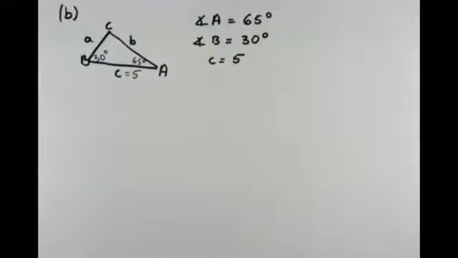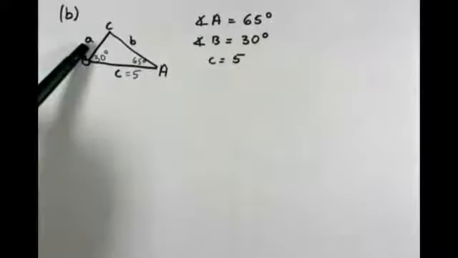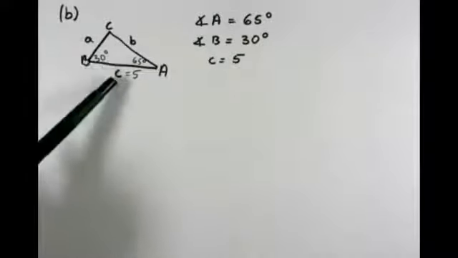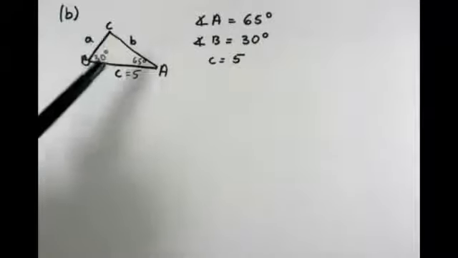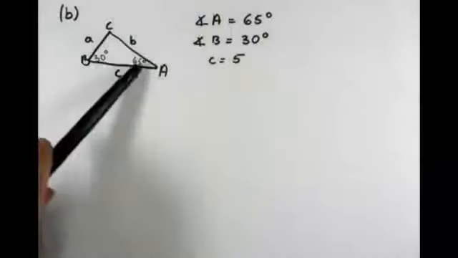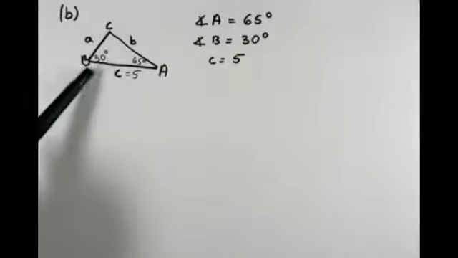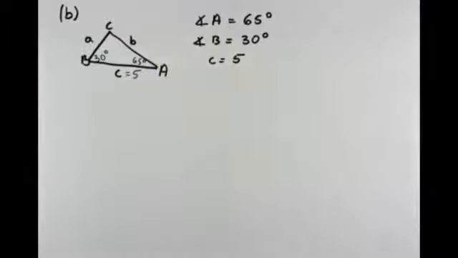In order to use the sine law, we need to have the angle, because otherwise we would have too many unknowns. We cannot use sine A over A with sine B over B, because we don't know A and B. We can only have one and only one unknown.